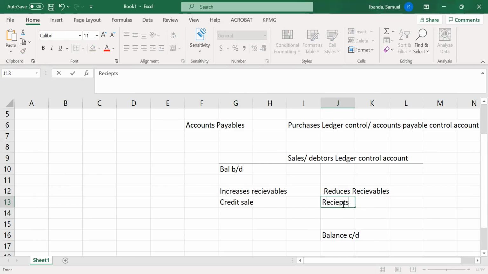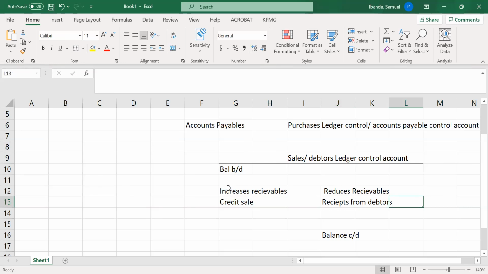When the receivables pay you, then they reduce your receivable balance. So receipts from the debtors is actually what appears on this side.